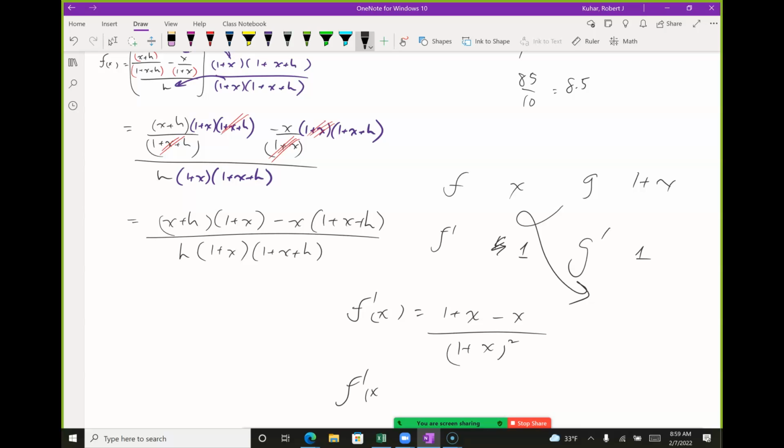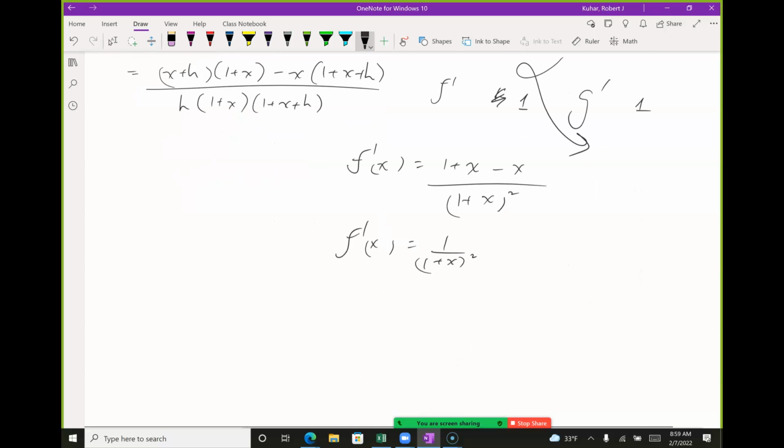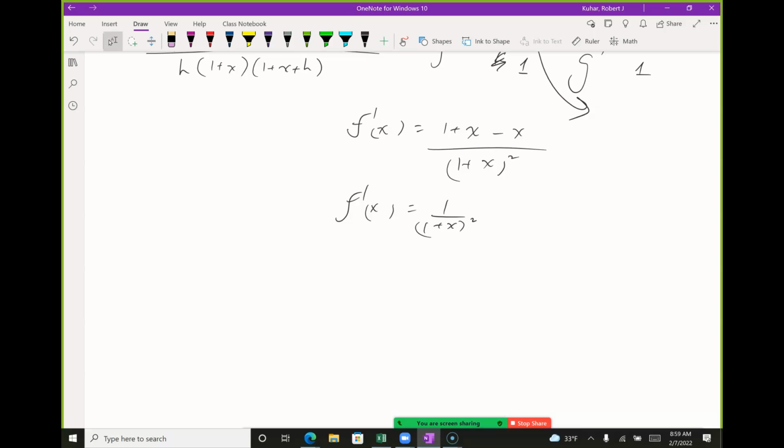So F prime of X is 1 over 1 plus X quantity squared. And if you remember, when we did this problem in class in 2.1, we had to find the slope at 1, right? So F prime of 1 is 1 over 1 plus 1 quantity squared, and there is our 1/4.